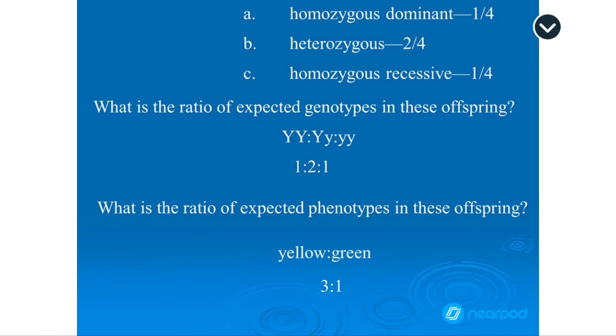And so we can actually create ratios of expected genotypes using that. And then phenotype is what it'll grow up to look like. So big Y will be yellow, big Y, little y will be yellow. There are 3 of them that'll be yellow, and little y will be green. And so there'll be 1 that'll be green.